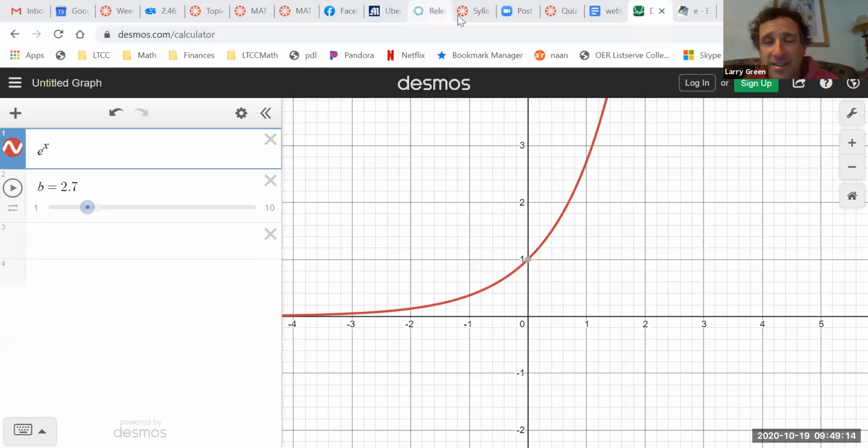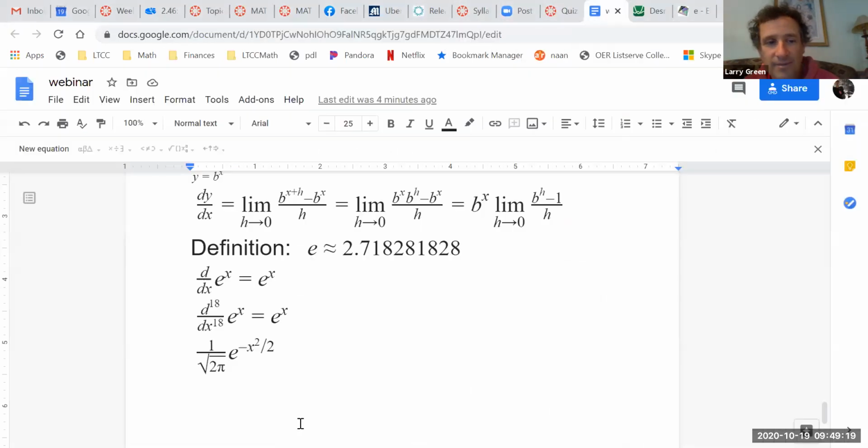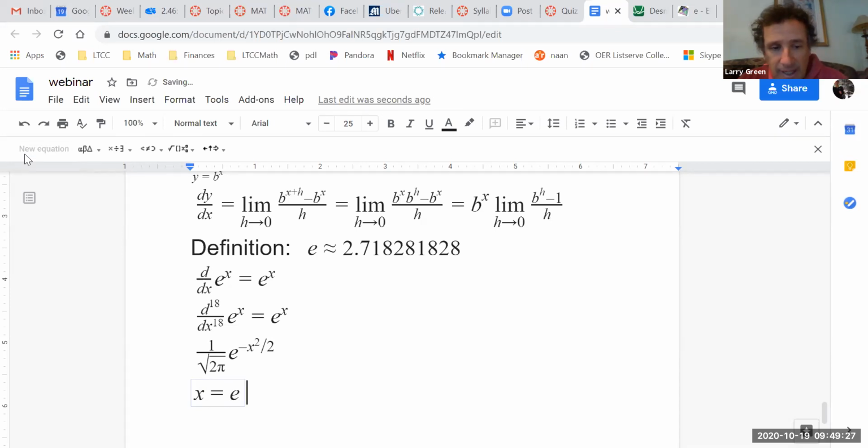So what do mathematicians do when they know something exists but they can't solve it? Right, so if we write x equals e to the y and try to solve for y using algebra, you're not going to be able to do it.